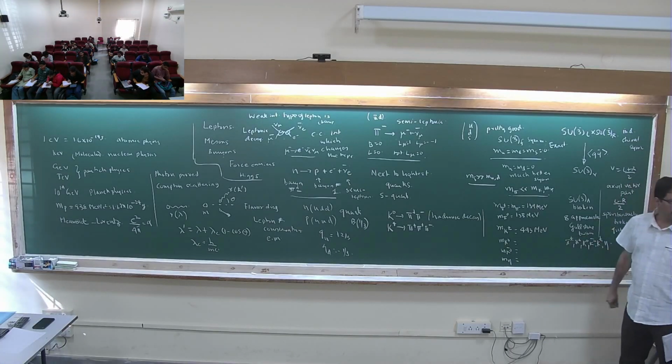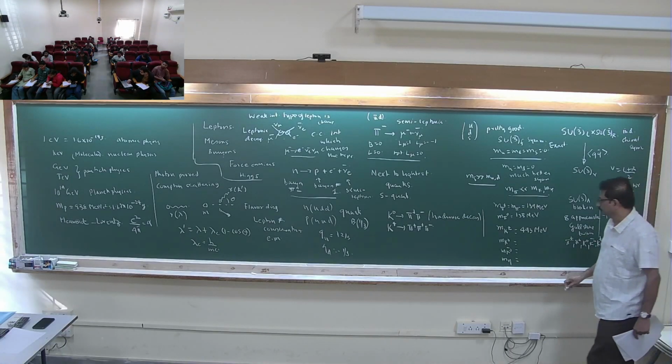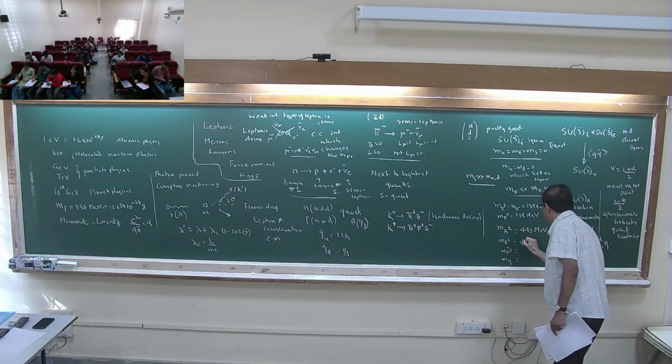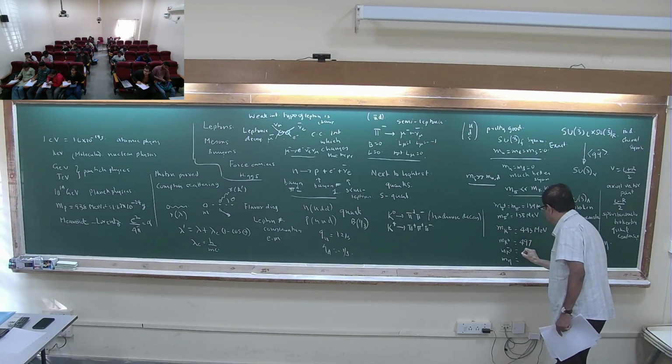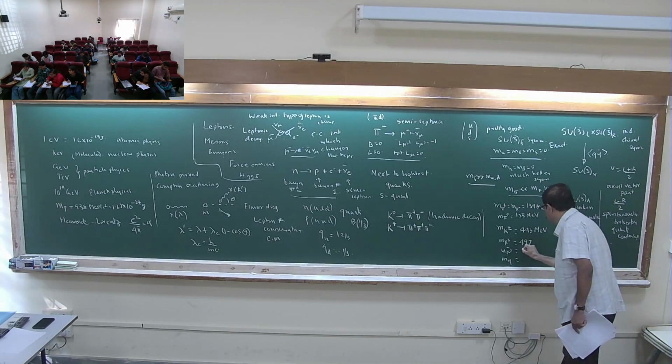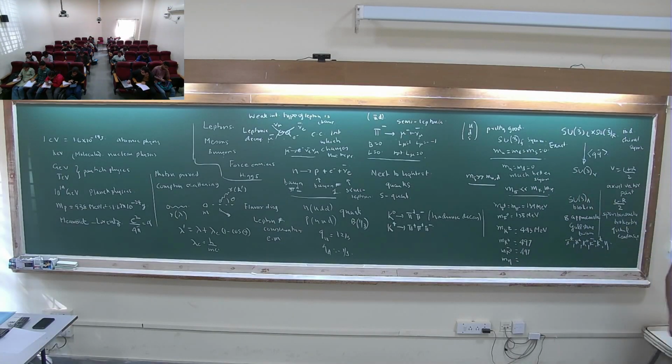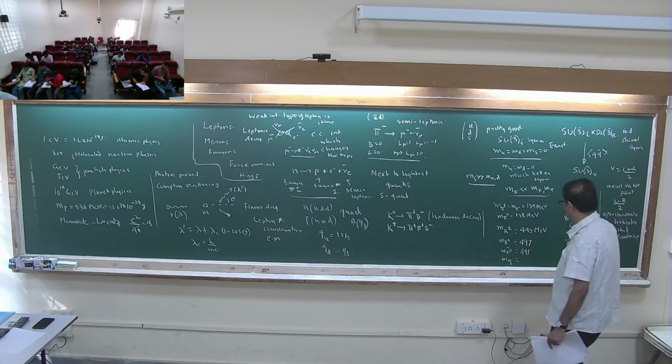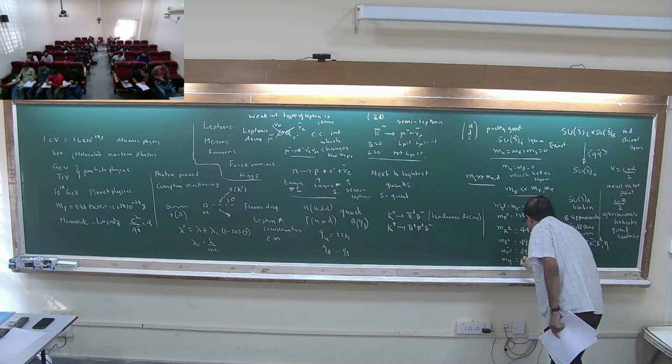Then K naught is 497.6, so 497. Okay, then K naught bar will be the same. And the eta is 547.